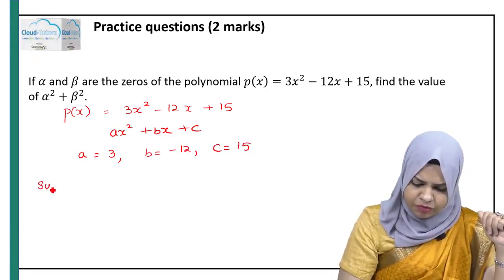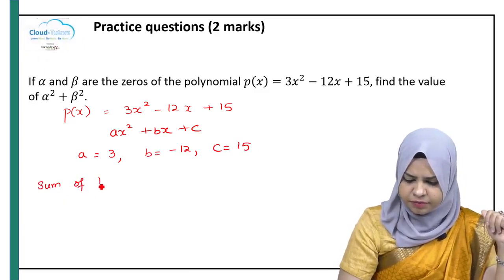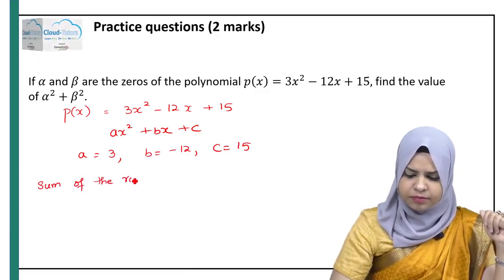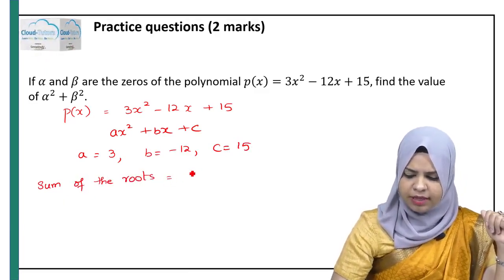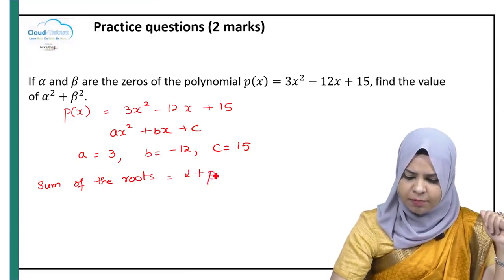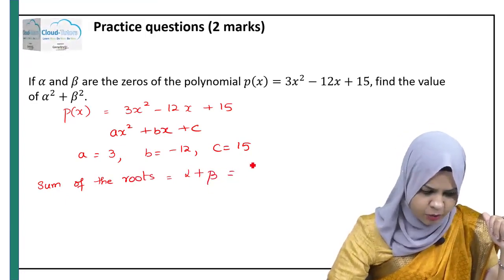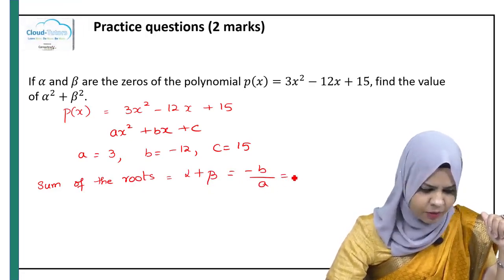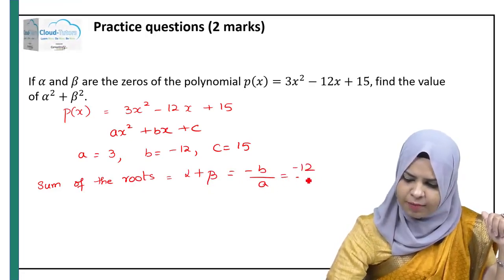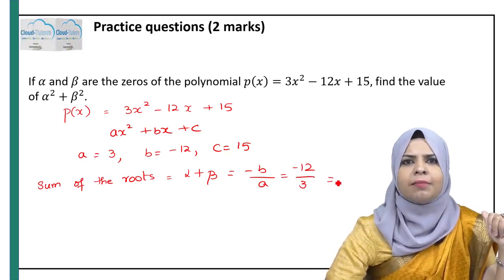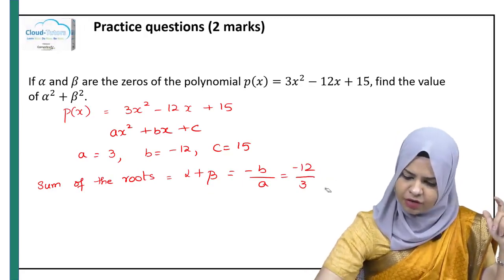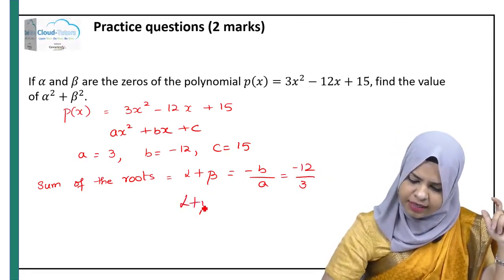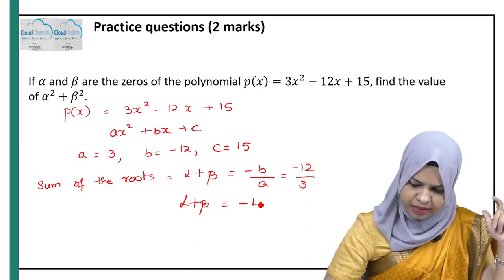So sum of the roots is equal to alpha plus beta. This is equal to minus b by a, that is equal to minus 12 by 3, and that is nothing but minus 4. So alpha plus beta is equal to minus 4.